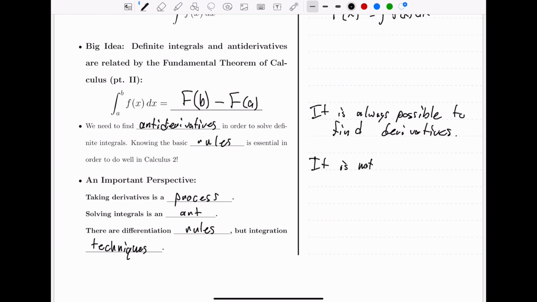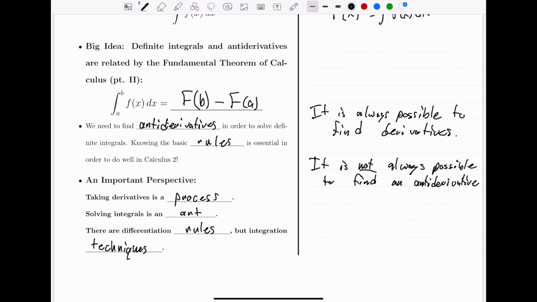It is not always possible to find an antiderivative. Now, the function may have an antiderivative, but we might not be able to express it in terms of our elementary functions like sine, cosine, exponential functions, log functions. We might not be able to write a closed formula for the antiderivative.